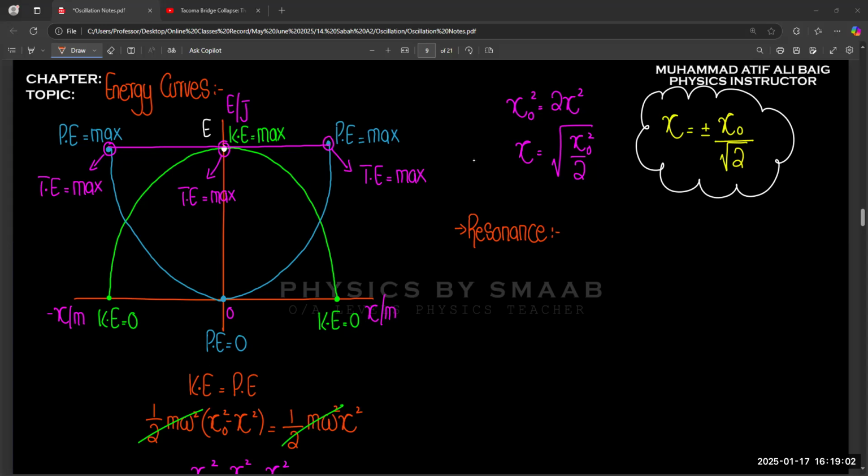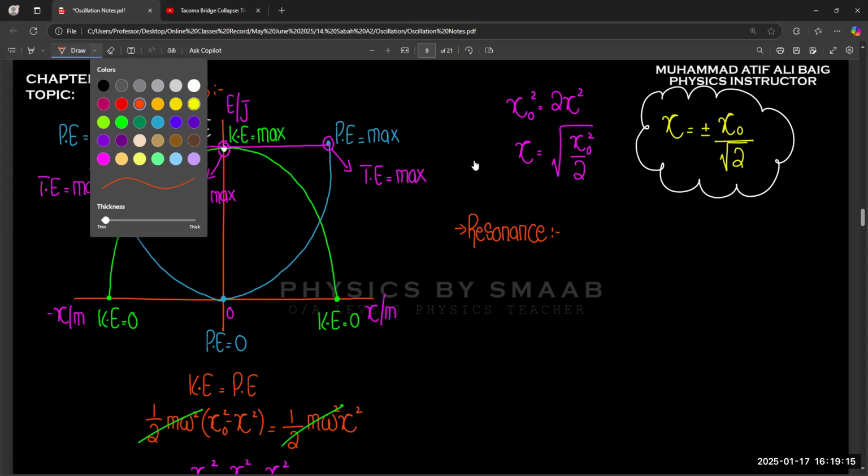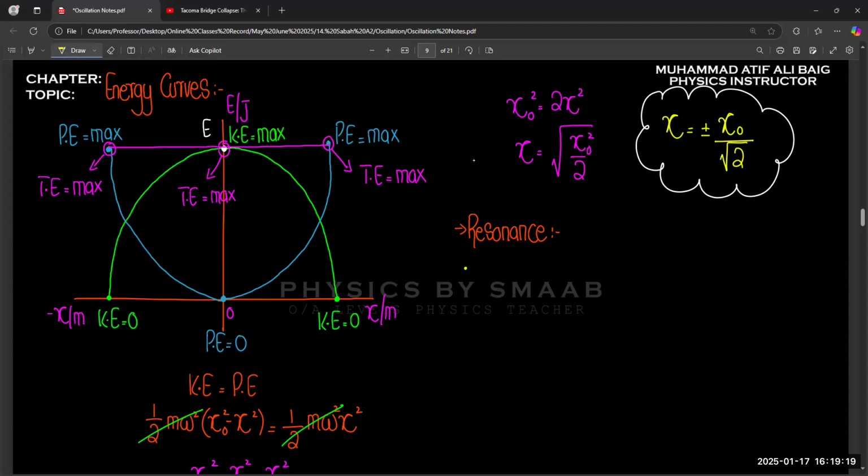In our atmosphere, we have free air particles available that can vibrate easily and freely. So the definition of resonance is also linked with the particles and the frequency.